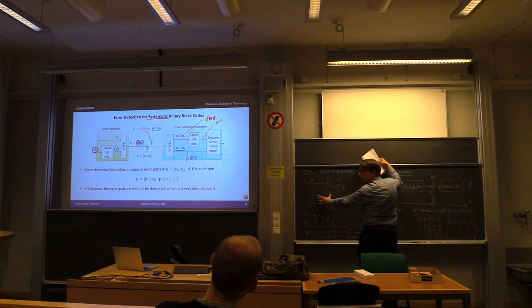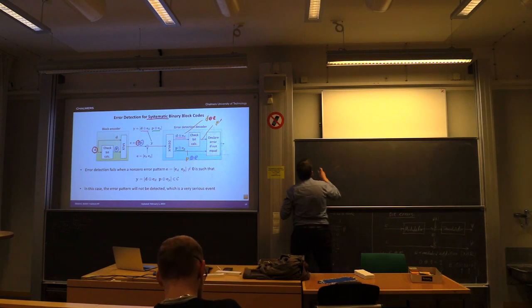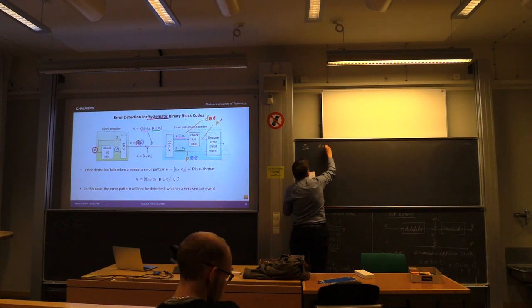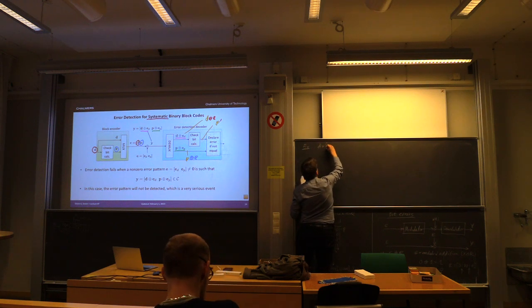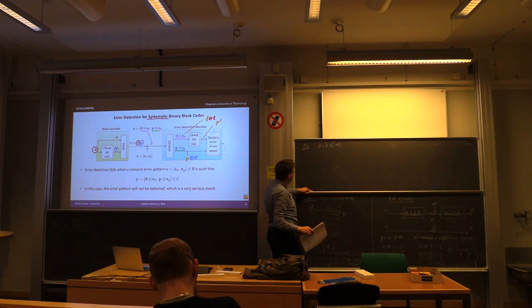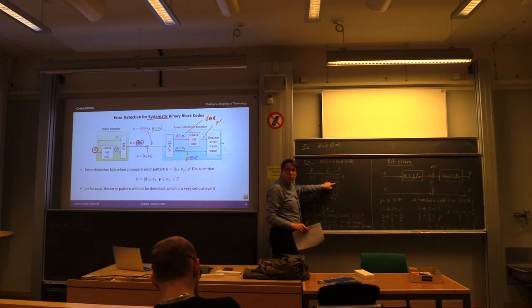So let's take exactly the same type of code that we have been looking at for some time, and we say that D is equal to 0, 1. So this means that if D is equal to 0, 1, I know that P is 1, 0.